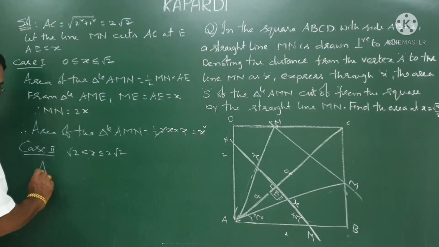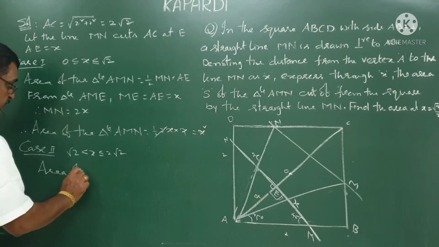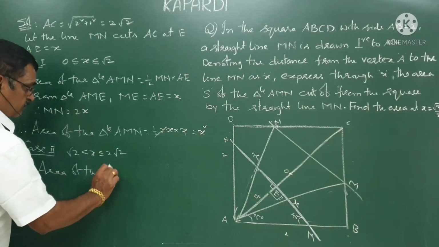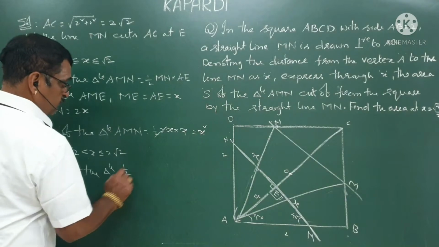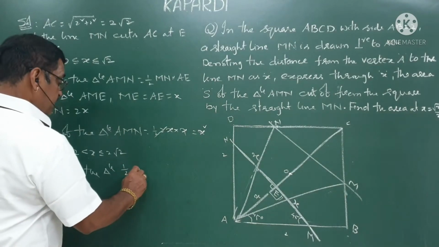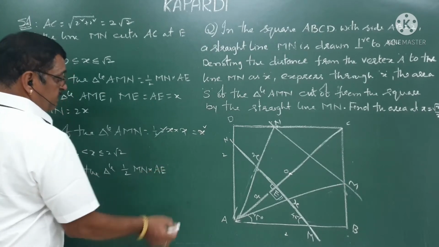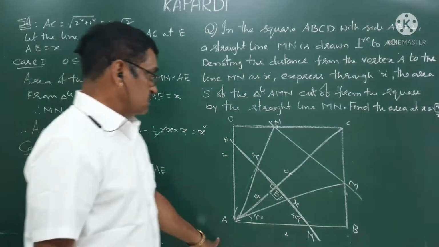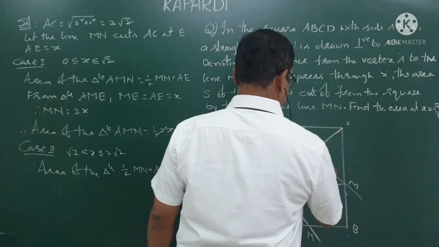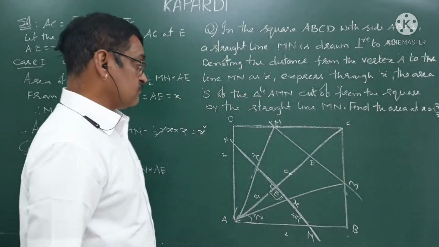Area of the triangle is half into MN. I don't have any problem with AE, because that is x.